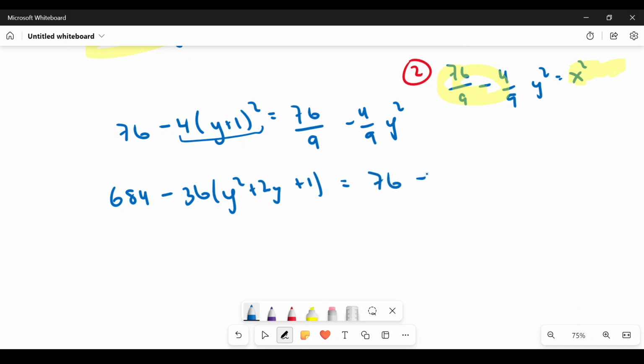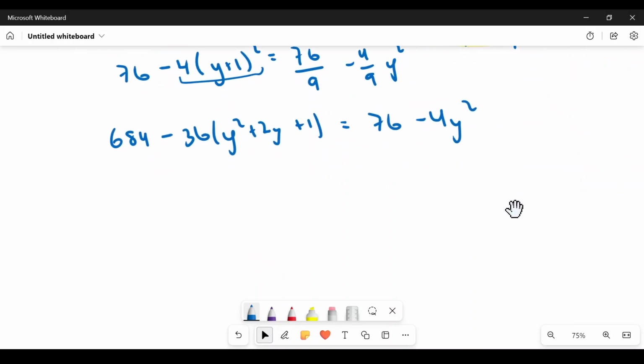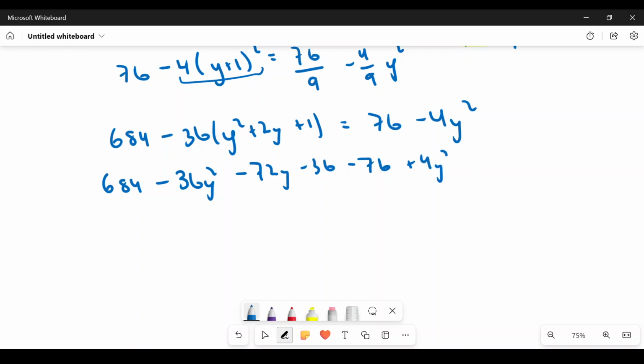Because I multiplied by 9, I don't see the fraction anymore. No more fraction, yay! So I'm going to multiply negative 36 into the bracket. And then I'm going to collect like terms. Oh, I can do that here. Negative 76 plus 4y squared equals 0.